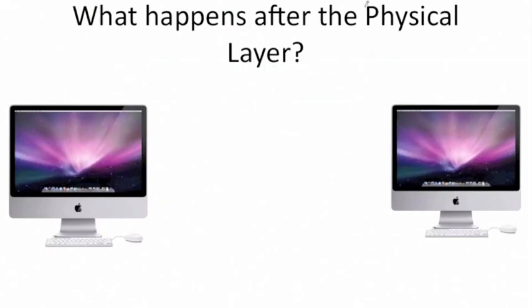So what happens after the physical layer? We learned about the physical layer already, and now we want to know what happens after this. So this is an iMac, and this is another iMac.